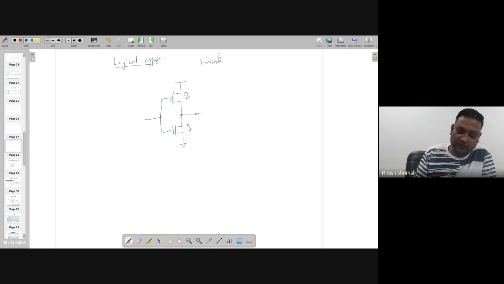So if I want to find out the logical effort, it is going to be equal to the capacitance looking into this gate. It's 2 plus 1, it's 3, and it can drive the same inverter whose capacitance is also 3. So the logical effort of an inverter is 3 by 3, that is equal to 1.